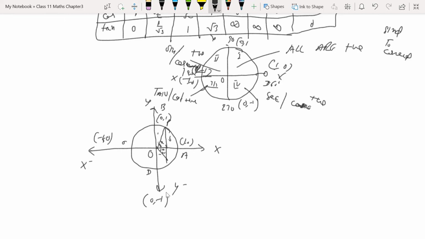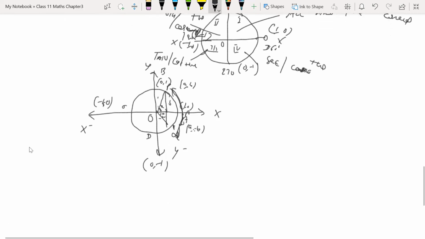So if we go from P to Q, it becomes A, minus B, and at P it is A, B. If we go from A to Q, it is A, minus B; A to P, it is A, B.